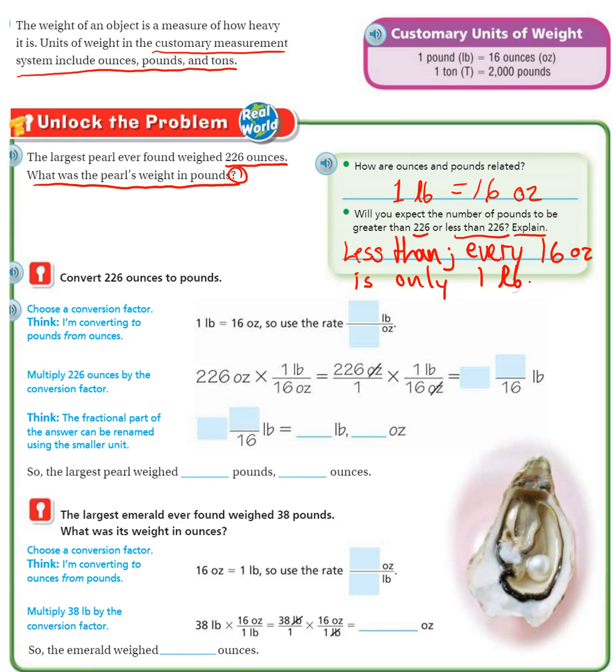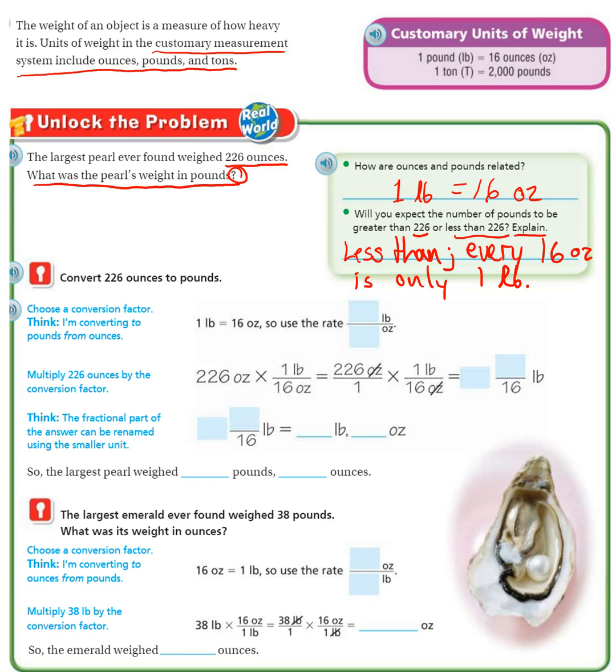That's LB's, 1 pound. Okay. So convert 226 ounces to pounds. 1 pound equals 16 ounces. So use our rate, 1 pound to 16 ounces.